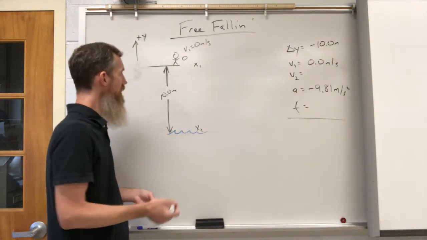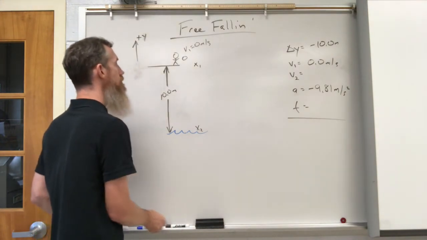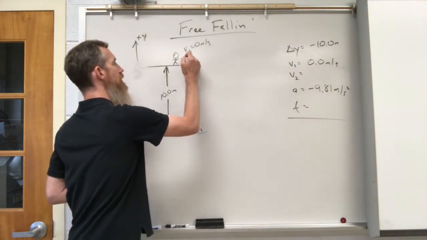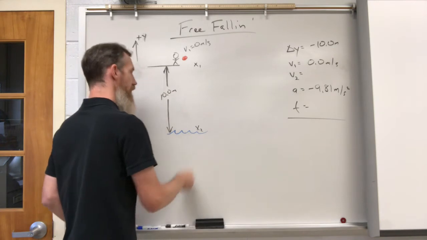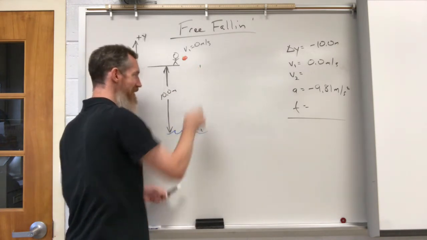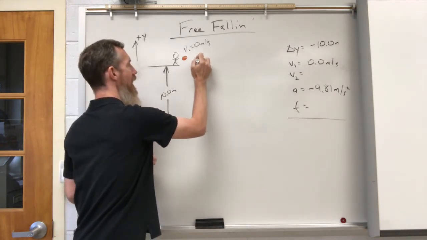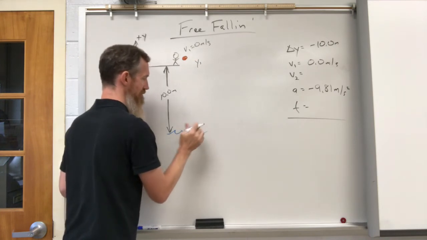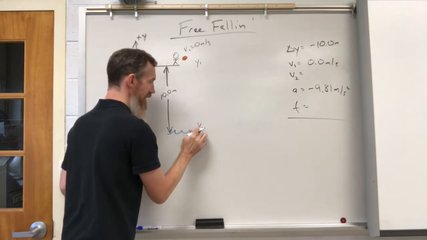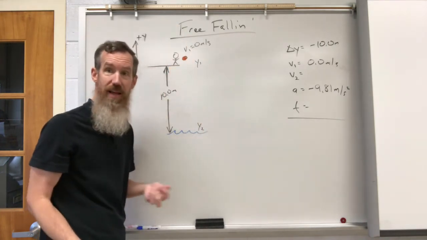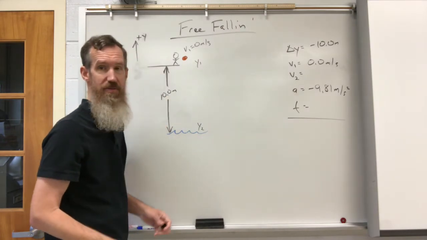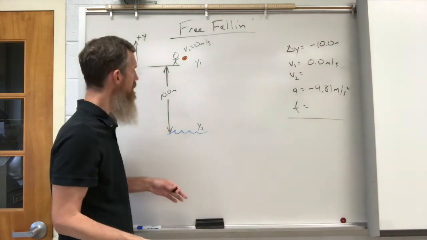And so if I know the object starts up here, and I put x's, but like I said, oopsie, x's and y's, it's just a letter, it's going to move along that line, so that should be y's rather than x's to be consistent.